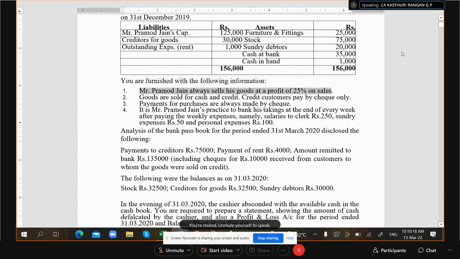So you will have to use this information to determine either sales or purchase or cost of goods sold or opening stock or closing stock, whatever is not given in the question. That we will have to find out. Okay? So that is how, friends, we are going to solve this problem.